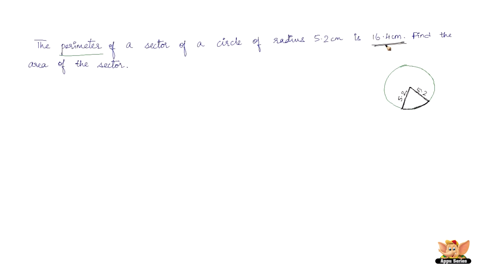So now out of this, you get the arc length as well, right? Let's go step by step. Perimeter of the sector is nothing but radius plus radius, that is the radii 2 plus the arc length L, right? So that means 2R plus L. So the perimeter of the sector is given as 16.4.